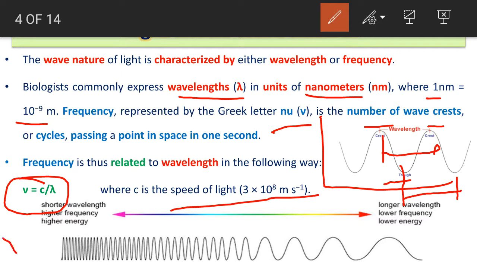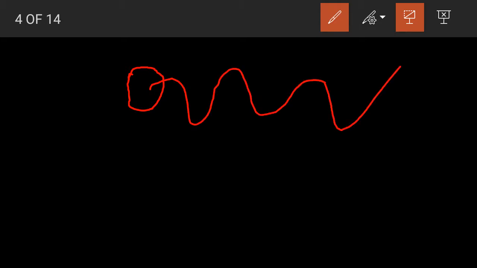Now see here, for frequency, suppose this is a point in the universe, and from that point a wave is passing. Now when this wave is passing, look at this portion called the crest.